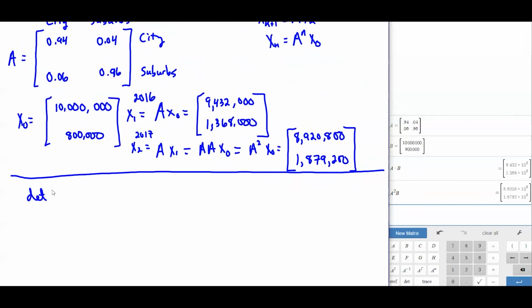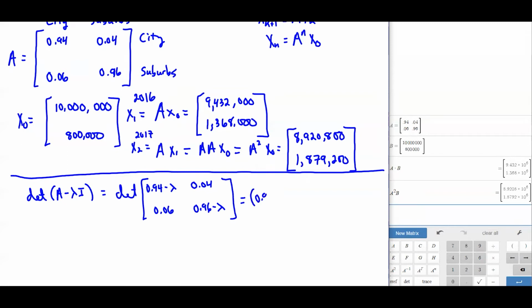So I need to find the determinant of A minus lambda I. I'm just going to subtract lambda from the main diagonal and take the determinant. So I multiply this diagonal, and I'm going to subtract this diagonal.